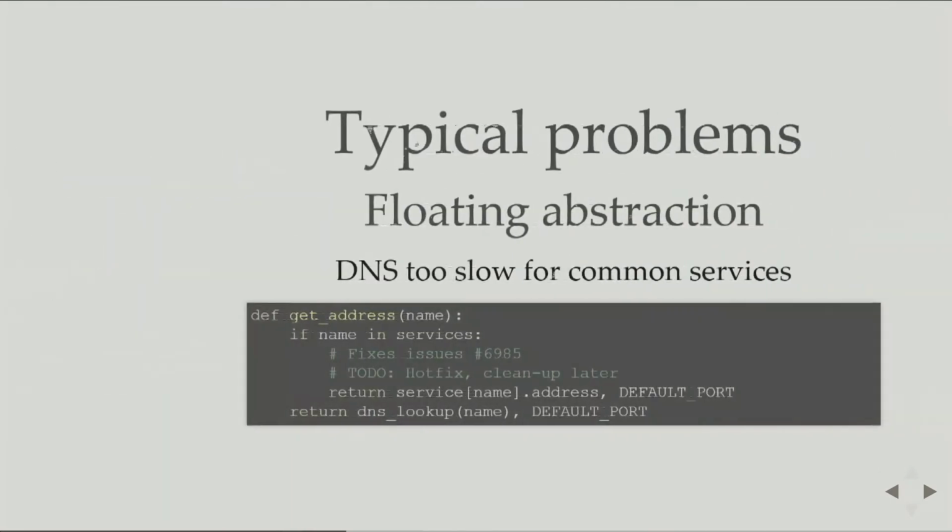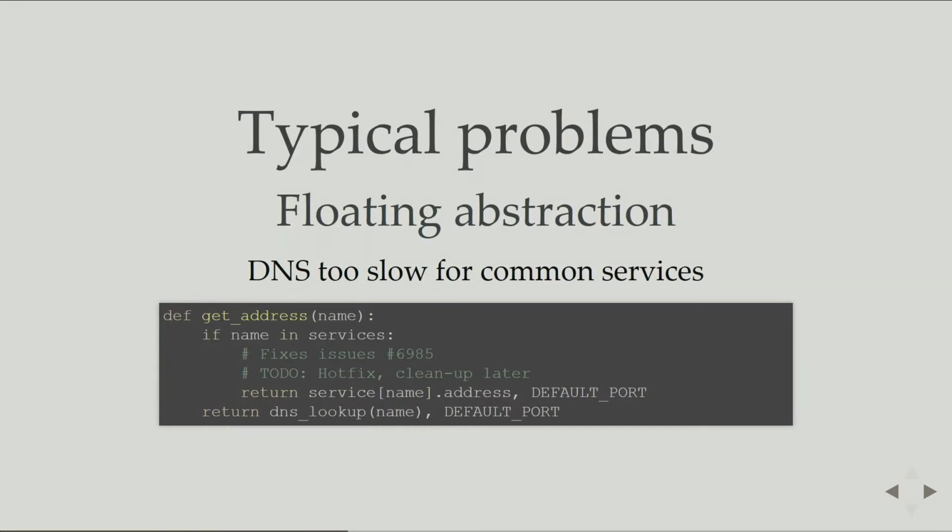But then there was a problem. It turns out that DNS was too slow for some reason. So someone came along and added this data structure that holds the service IP addresses, so that way it's not doing a network call to resolve the IP address. However, it was too hard to track down all the things that were being DNS looked up, so we still leave that as an alternative fallback. Then something else happened.